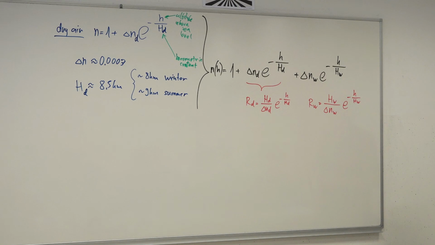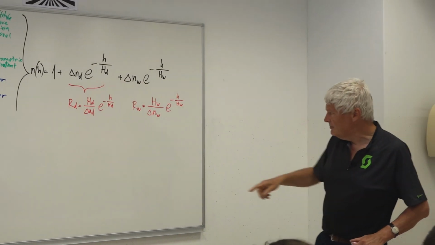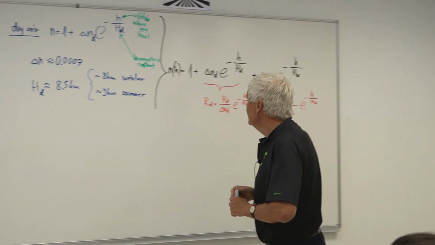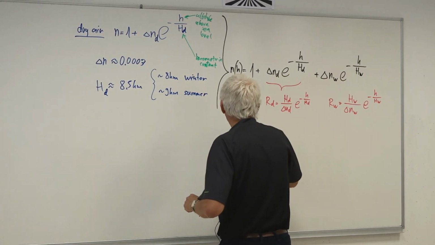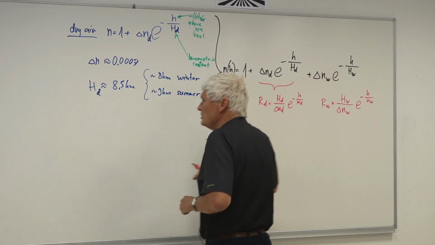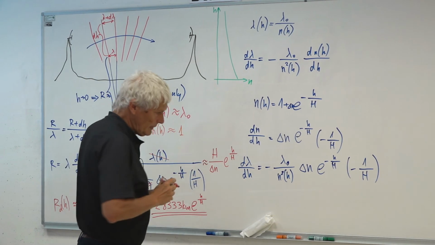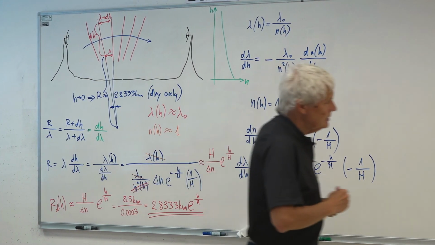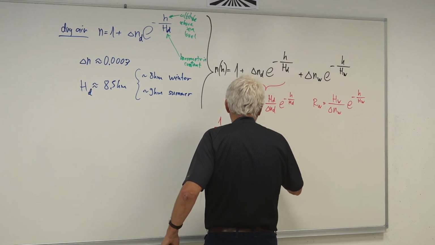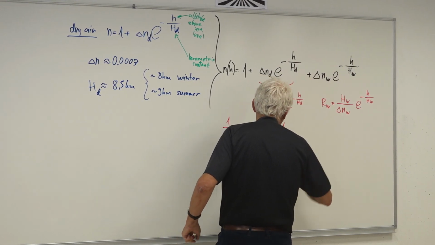How to sum curvatures? Curvatures actually sum the opposite values. So if I have curvature radius r, then curvature is actually 1 over r. And curvatures do sum here because both effects actually bend the ray in the same direction. So it's 1 over the curvature radius of the dry part plus 1 over the curvature radius of the wet part.